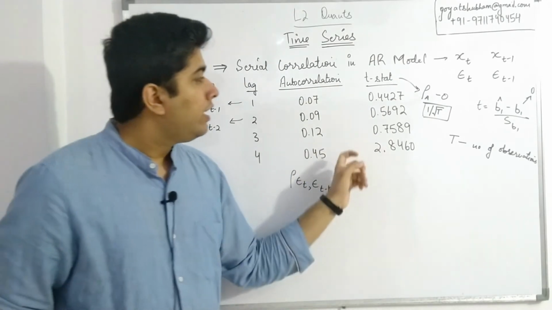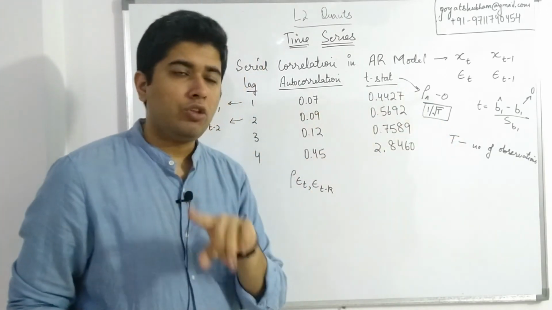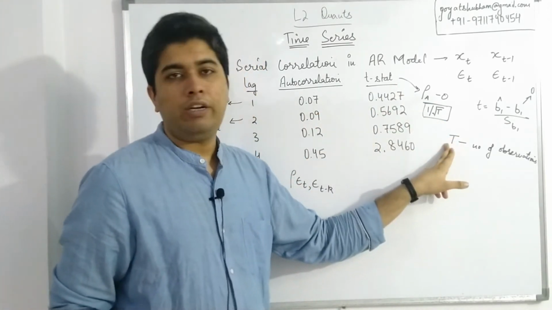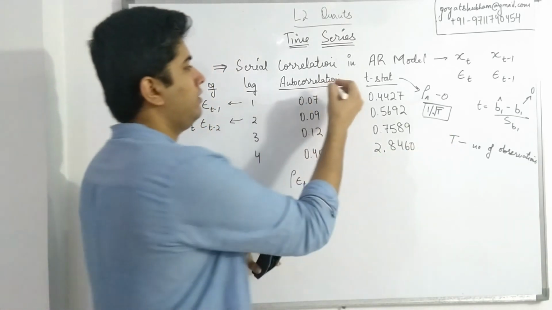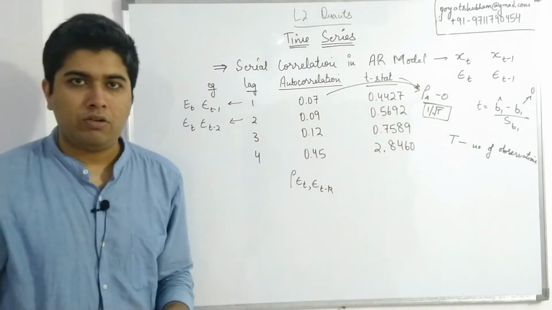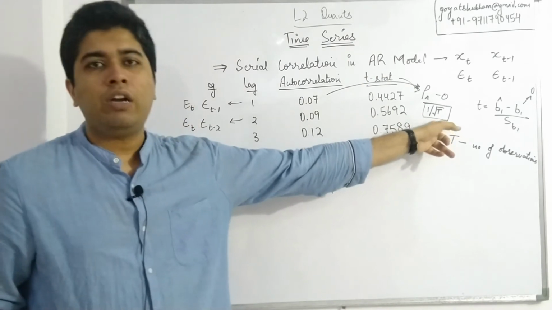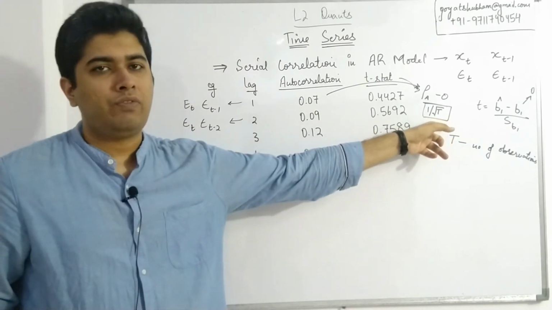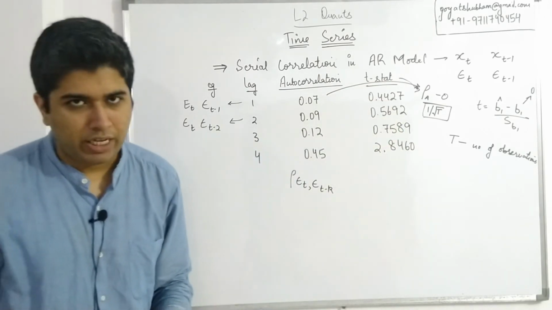But there is a case where instead of being given the t-stat, you will be given the value of capital T. Then you can use this correlation, the autocorrelation, and divide it by 1 divided by root of T to get the t-stat. That's how all of these values have been calculated.